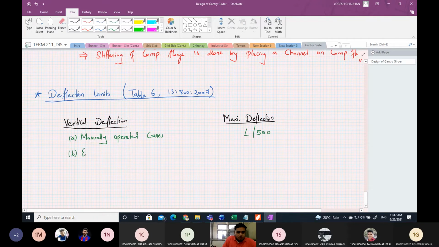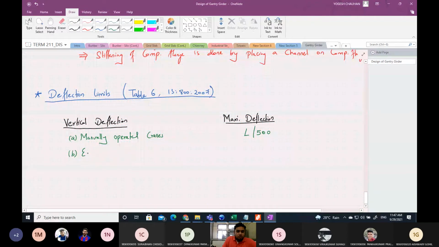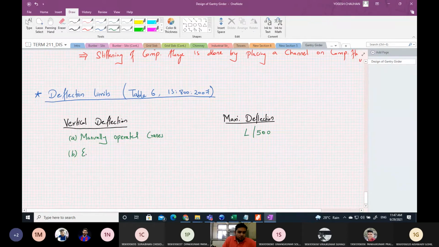Second, for electrically operated cranes with crane capacity up to 500 kilonewton or 50 ton, so this is the capacity of the crane, the limit is L by 750.